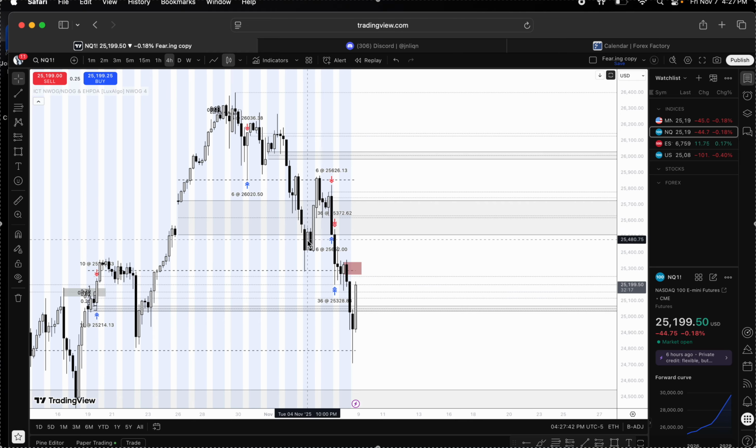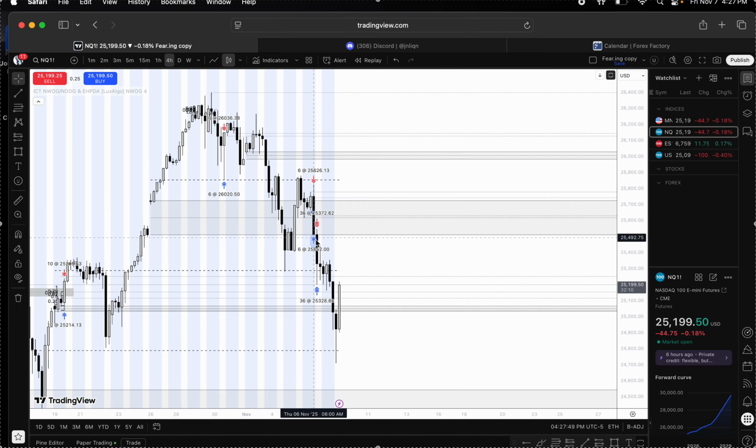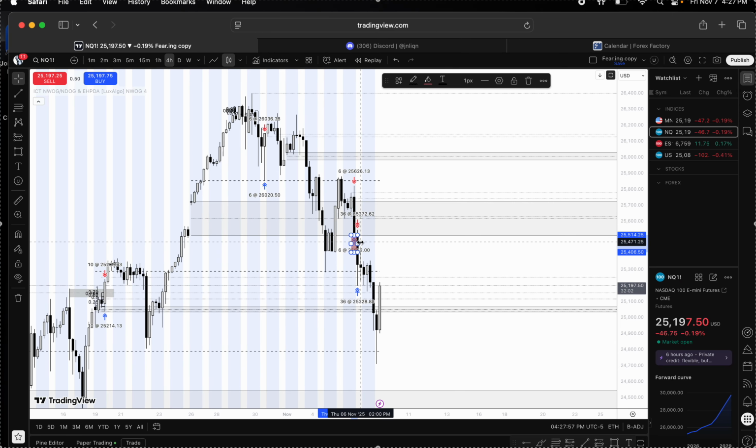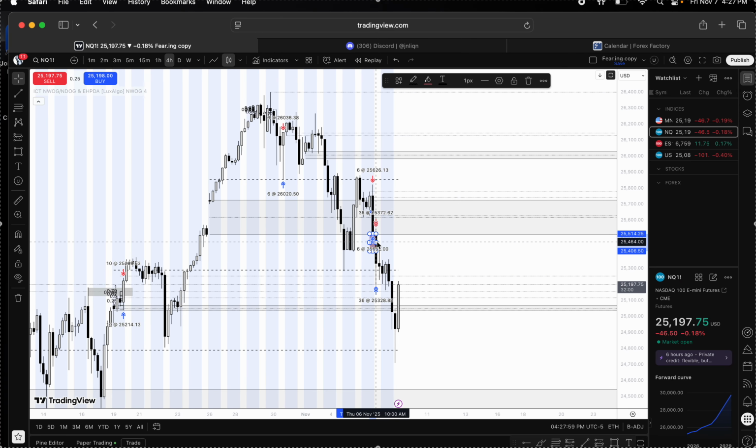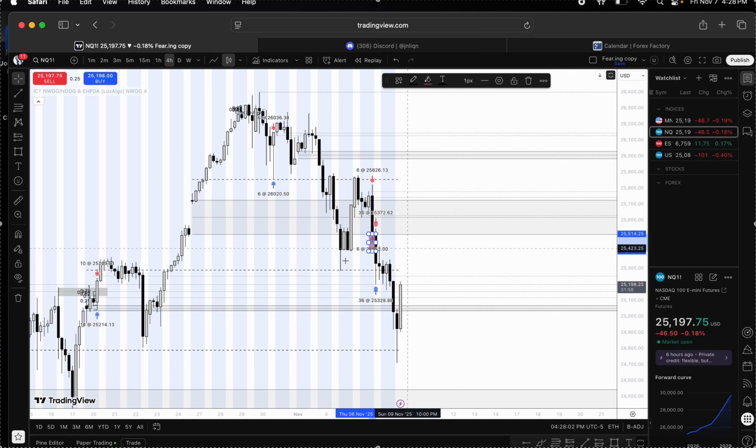So say, for example, there's a 4 hour fair value gap that price left. What does price do before it goes in? This wick right here, this must have been a long day.